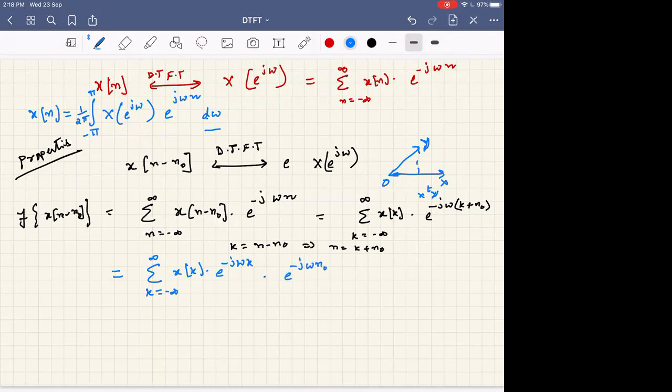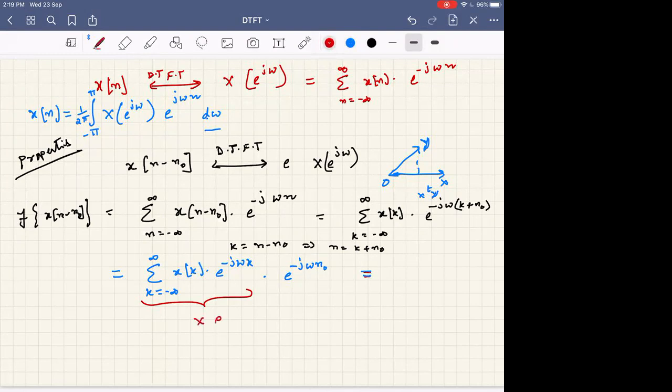So this summation is over which terms here? There are two terms here. The summation goes only over the middle term, only k. This essentially can be written as x of e power j omega. What is this one?